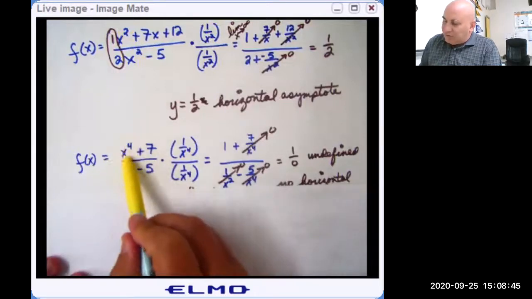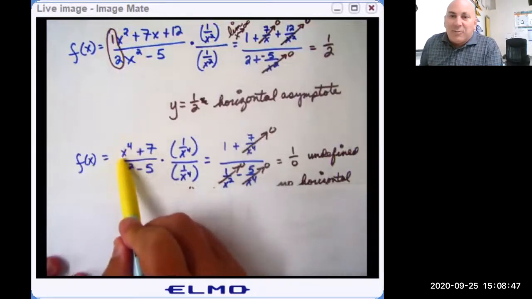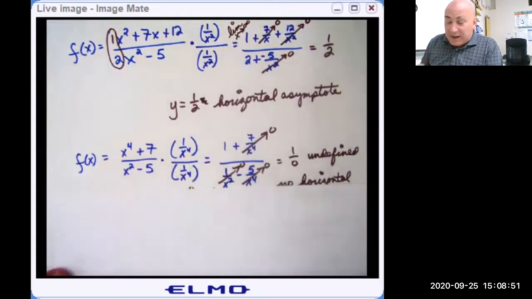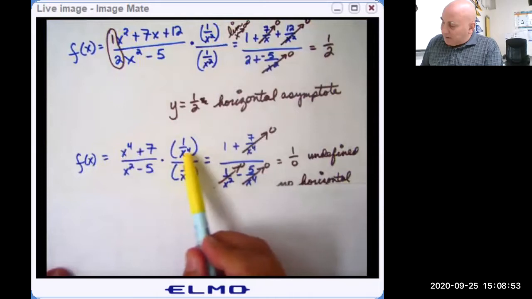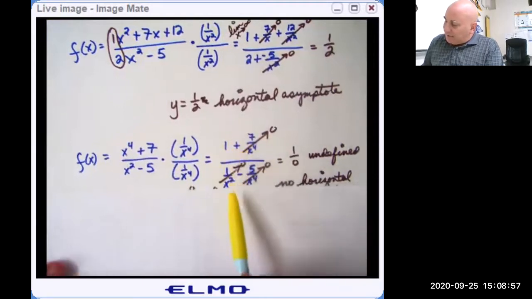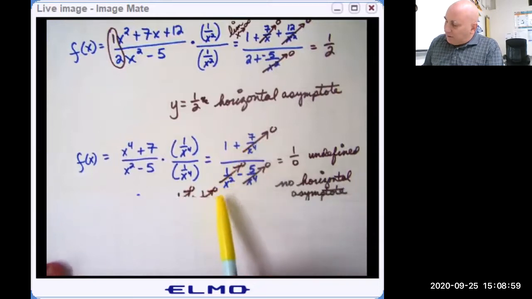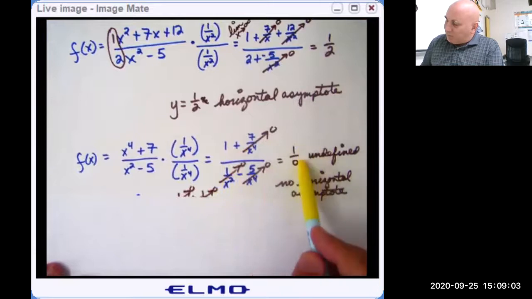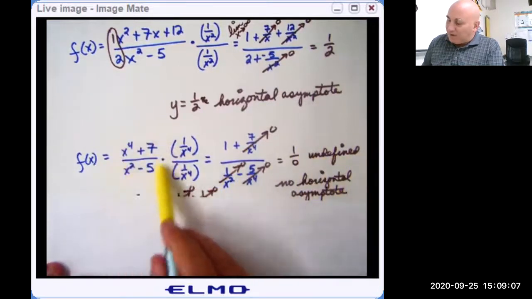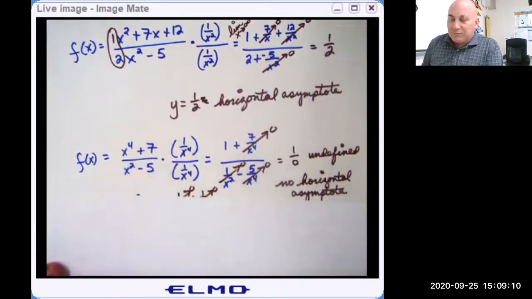Now, I already told you if the numerator power is bigger, there's no horizontal asymptote. Let's see why. Divide by x to the fourth, you get this. Divide by x to the fourth down here, both terms in the denominator go to 0. So we end up with 1 over 0, which is undefined, which means there is no horizontal asymptote for this.